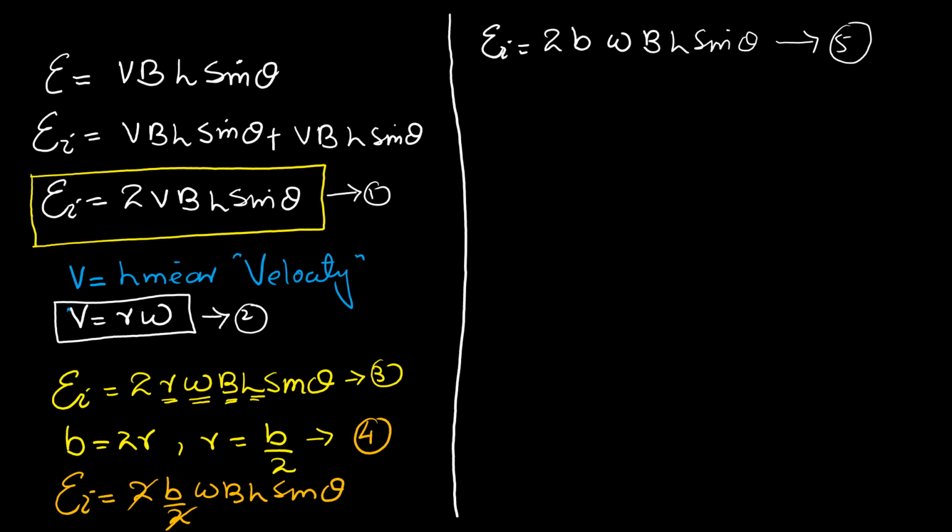Now, as we know, breadth into length is equal to area, so the area of the armature is equal to breadth into length. We can incorporate equation 6 in equation number 5 and get net induced EMF in an AC generator equal to area of armature into omega into magnetic field into sine of theta.